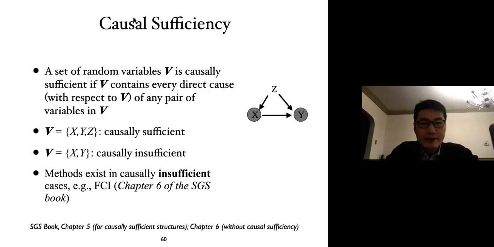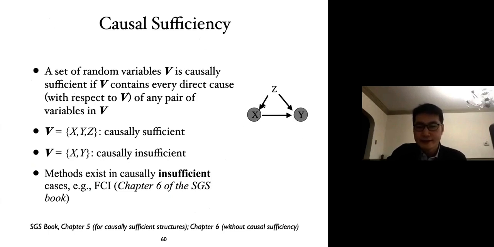Okay, let me just mention one concept, which is causal sufficiency. As you can see from the name, it's very intuitive. When we say the set of random variables is causally sufficient, we mean the following thing. Any direct common cause of 2 random variables in the set V is also in the set.